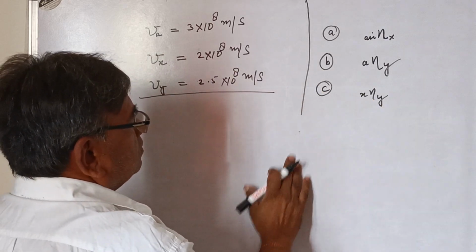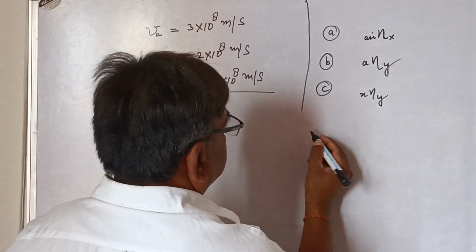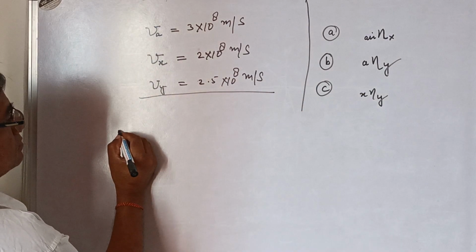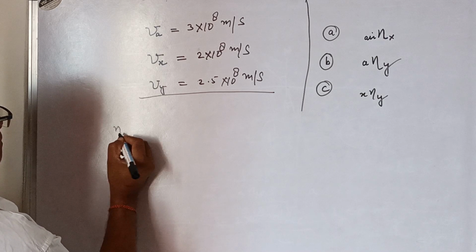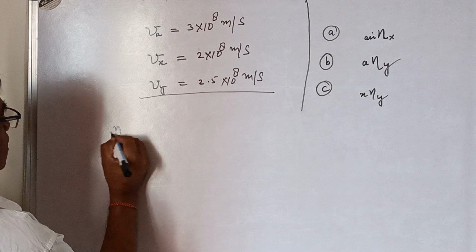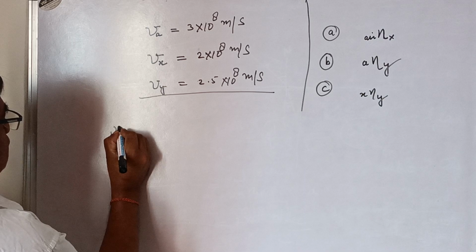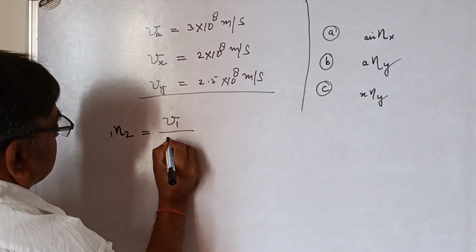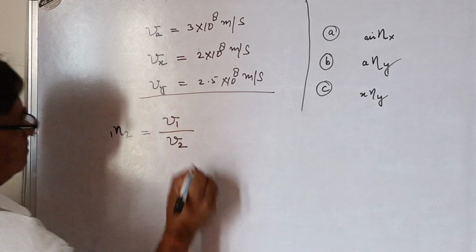Now very simple, you have read the formula N, refractive index of medium 1 with respect to 2. You have read, it is the velocity of first divided by velocity of second.